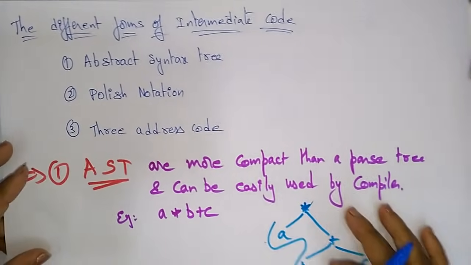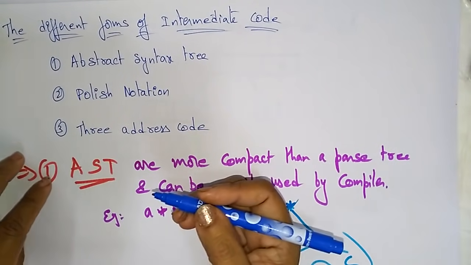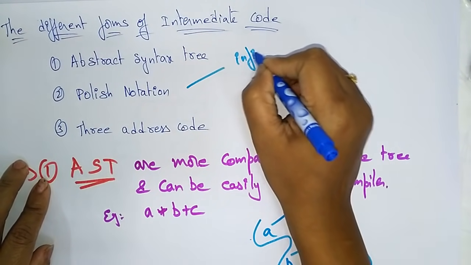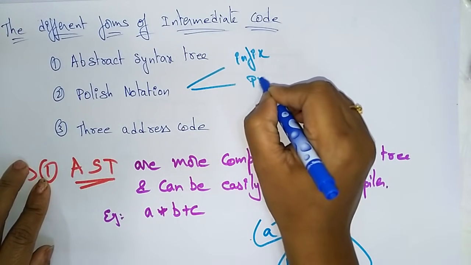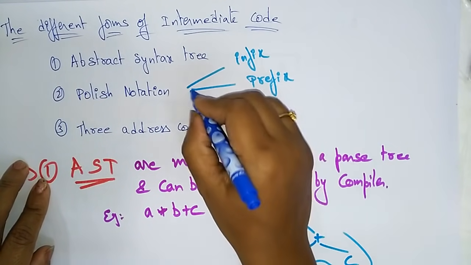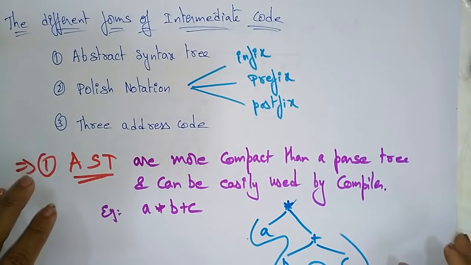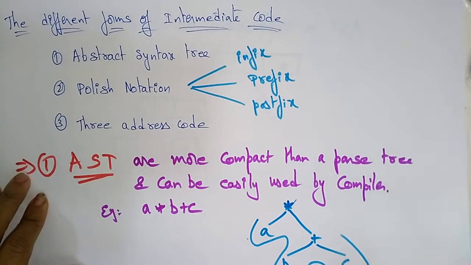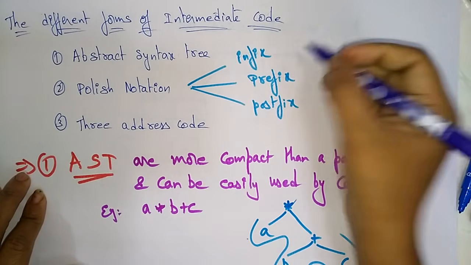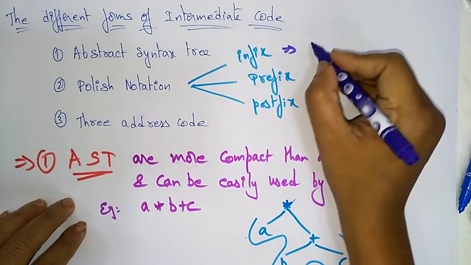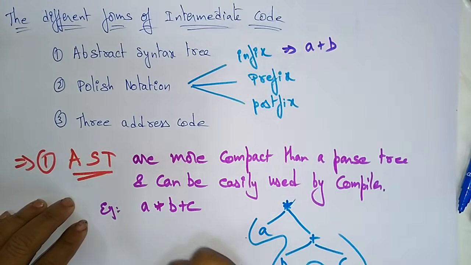What is the second one? There is polish notation. The polish notation is of three types: infix, prefix, and postfix. Infix means, as you already know, an operator in between the operands. A plus B, let us take.